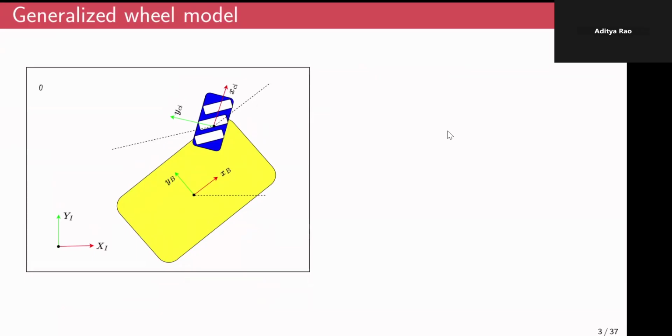We have seen differential drive robots, a four-wheel skid steering robot, a four-wheeled mecanum drive robot, and a configuration with 3 omni wheels.